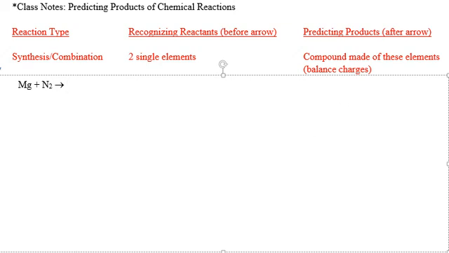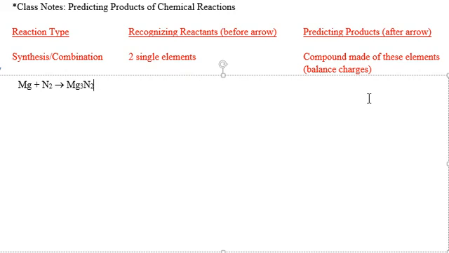Now, balancing the charges is key, so this is a really important piece. Whenever you're putting together a compound, you're going to have to balance the charges. If you look at the periodic table, magnesium is a +2. Nitrogen, when it becomes an anion, is a -3. So in order to get those 2 to balance correctly, you're going to have to do Mg3N2.